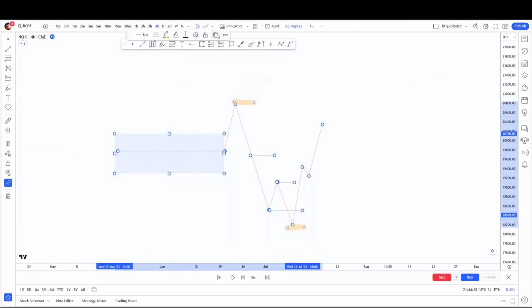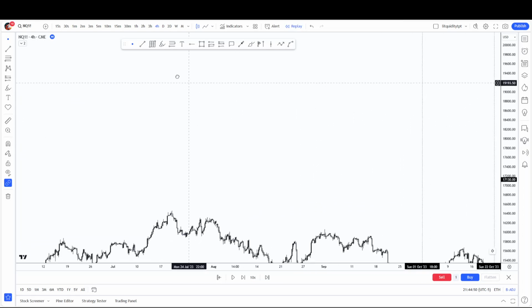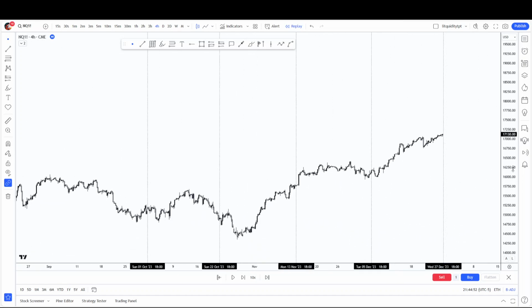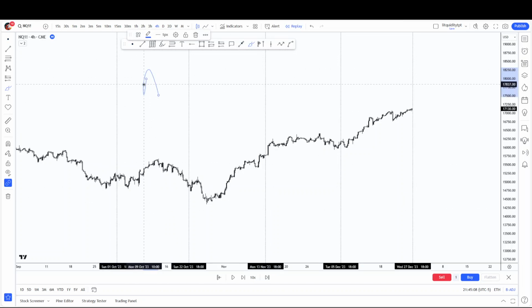All right, so now let's dive into some real life examples. But before we do, I would like to describe the quadrants of these levels. What quadrants are we using? Here we have what is known as quarterly cycles, quarterly theory. Essentially, price is divided by 4 into accumulation, which is, let's say, right here, manipulation, and distribution.